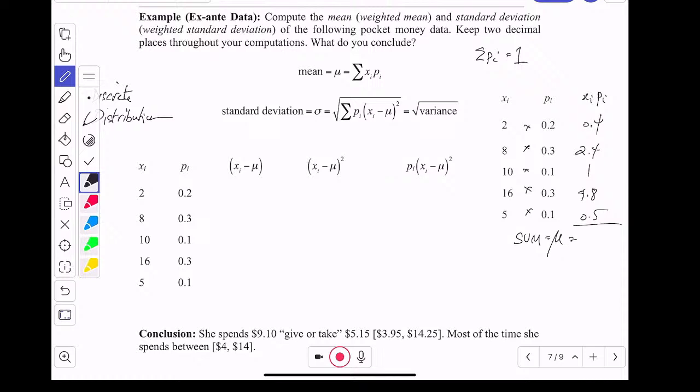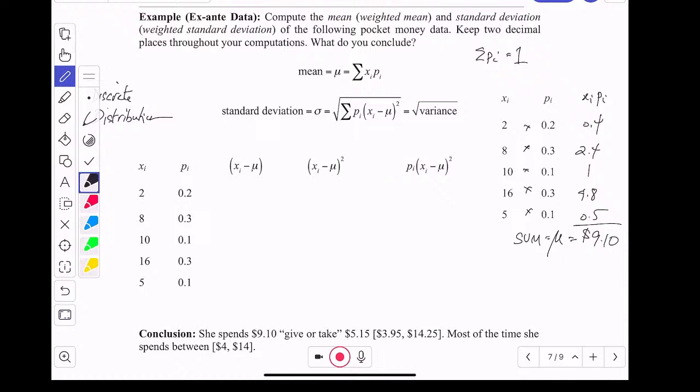You just multiply them and sum them, and you get 9.1.